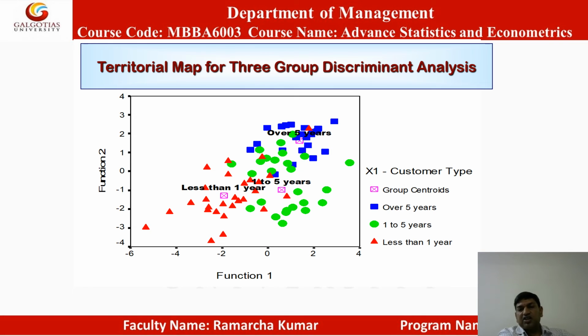Less than 1 year is shown in red triangle, 1 to 5 is in green circle, and over 5 years are shown in blue squares. And group centroids for these 3 are marked in pink. You can see that function 1 and function 2 are the x and y axis, so there is a difference between the observations across groups, and that is shown through territorial map.